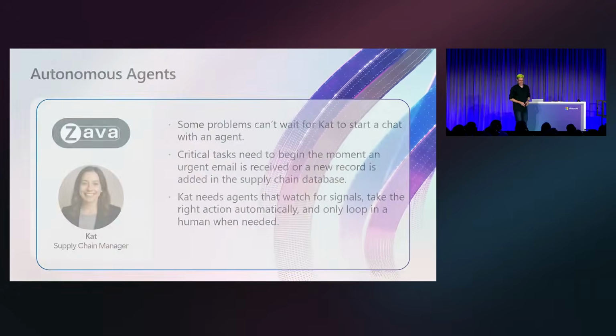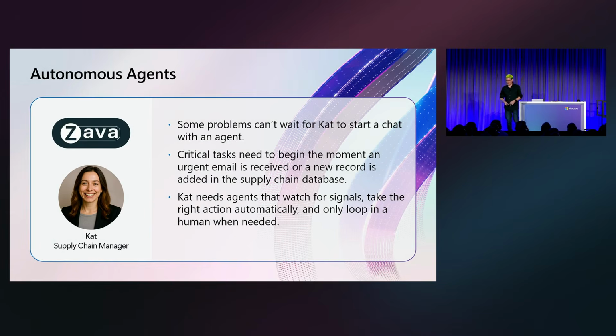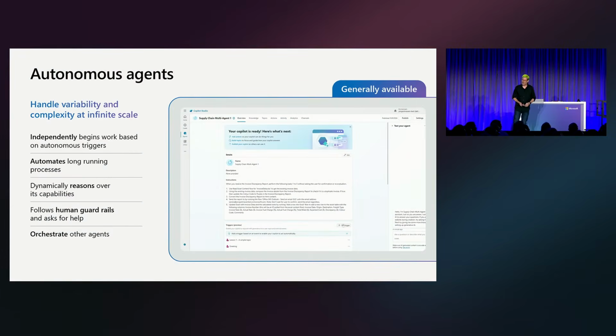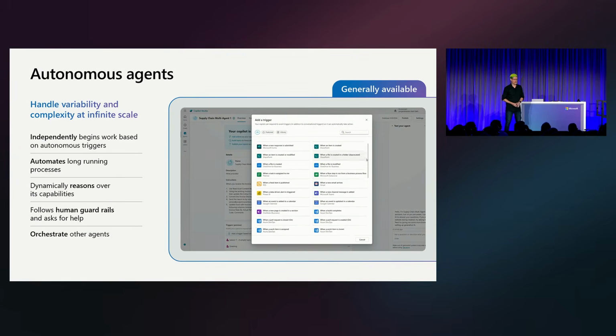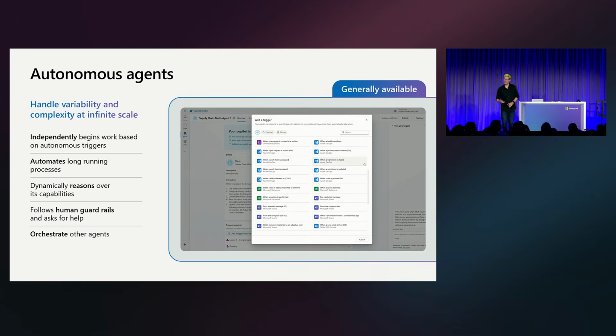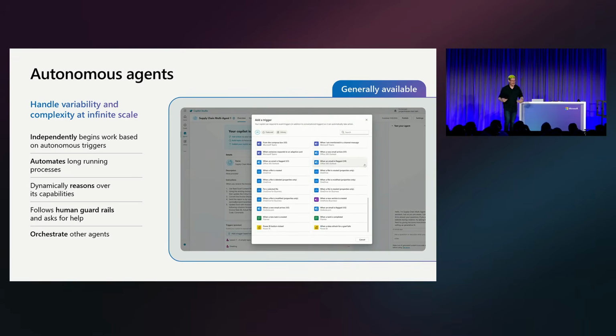So Kat is doing this monitoring of inventory, and she wants to create an agent that's going to autonomously monitor those systems, using maybe computer use and using an MCP server. So with autonomous agents, rather than talking to our agent, as we would do in Teams or M365 Copilot, we give our agent a trigger that will then kick it into life.